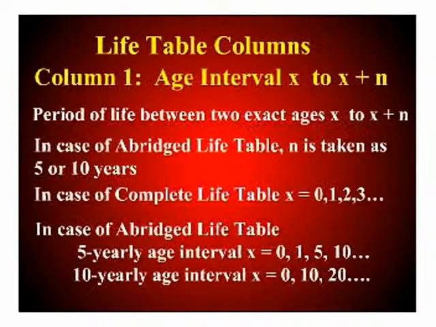The interpretation of the functions of the life table are: column 1, x to x plus n, the period of life between two exact ages x and x plus n. In the case of abridged life table, n is taken as 5 or 10 years, whereas in the case of complete life table, x equals 0, 1, 2, 3 etc. and n is 1.